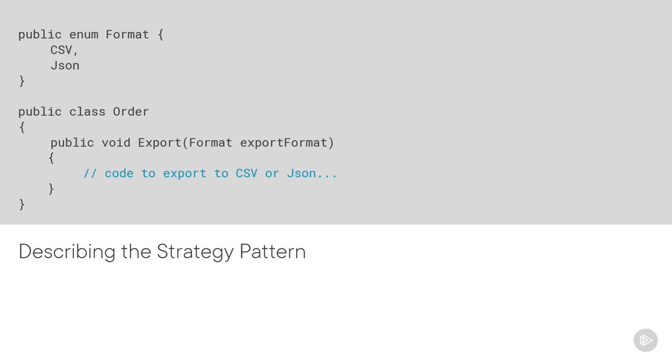Yet it appears that 2 formats are still not good enough. A few weeks later, XML export must be supported. And now it's starting to become more difficult to manage. You could continue on the same route, adding an additional format type and extending the conditional statement in the export method.